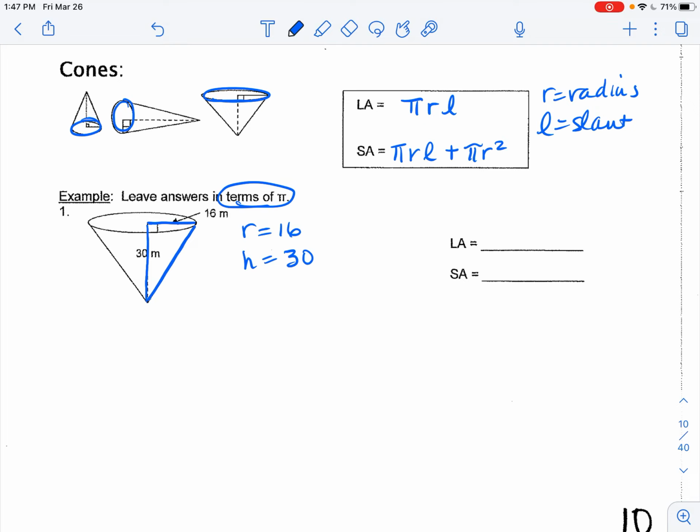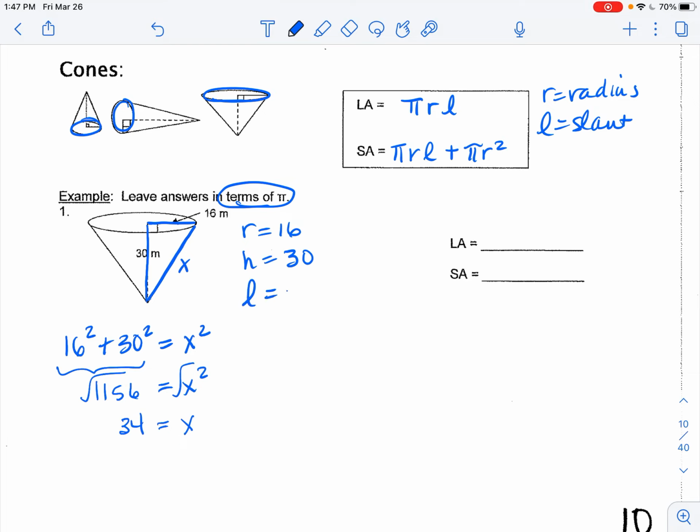So I can go through the Pythagorean theorem. Let's call this x. If I work that out in my calculator, squaring and adding together, that's 1156. And if I take the square root, that's going to give me 34. So my slant height is going to be 34.